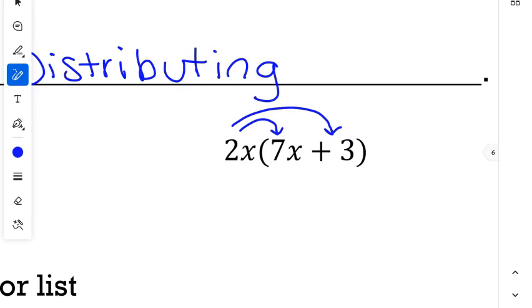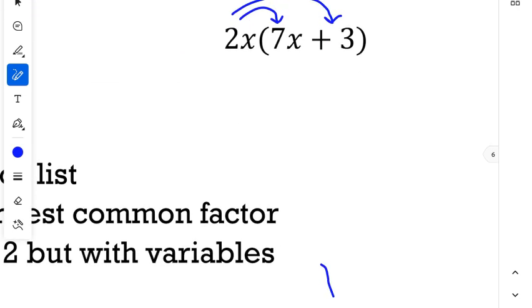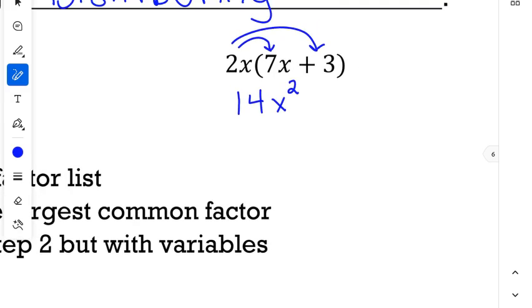So let's look at what distributing does. We multiply, right? So we multiply the coefficient, so 2 times 7. And then we add exponents. So x times x is x squared.